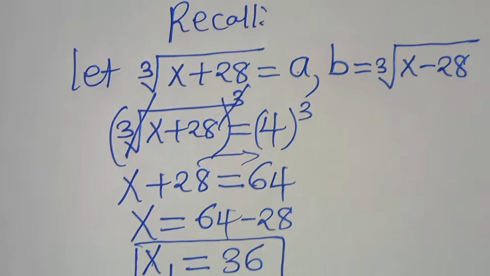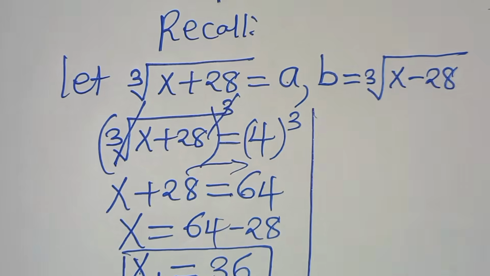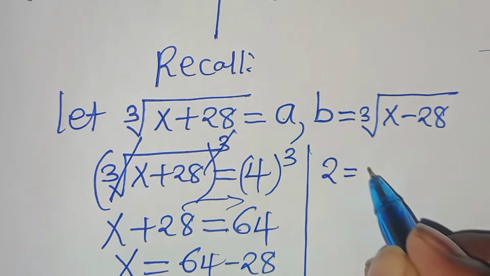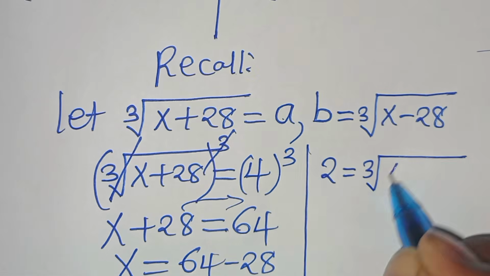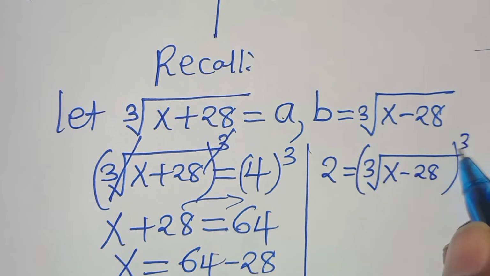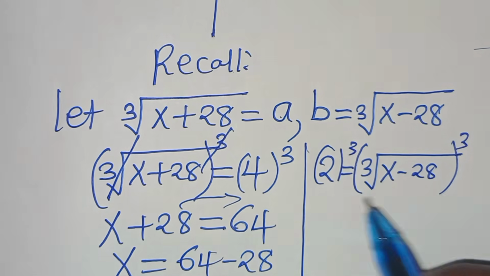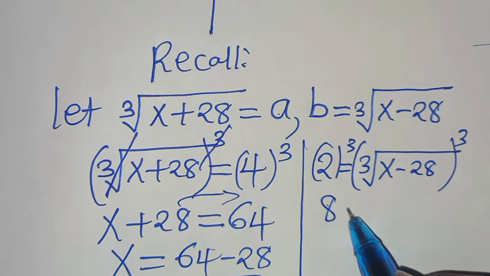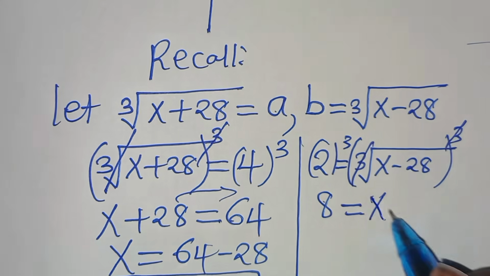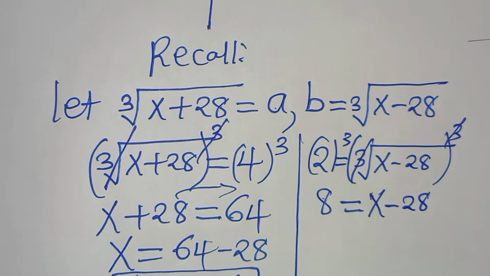Now let's check for the case of b here. We have b is equal to 2, so we have 2 equal to the cube root of x minus 28. Now let's raise to the power of 3 on both sides. So 2 to the power of 3, this is 8, equals, let's eliminate the cube root sign here, x minus 28.